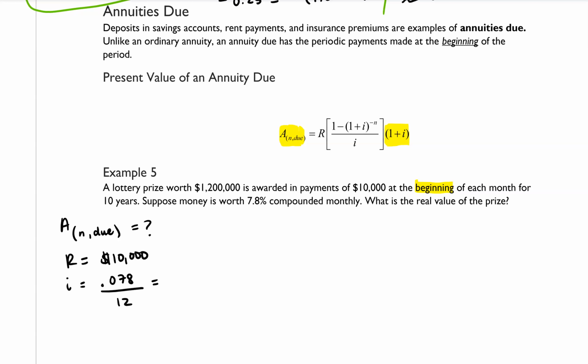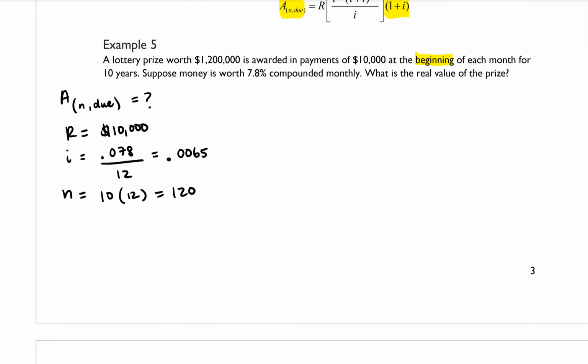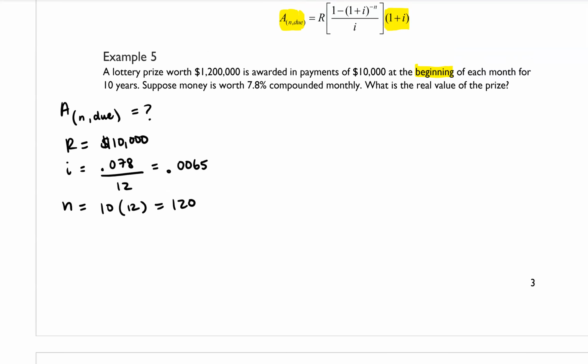So if we divide that, we would get 0.0065, and then the number of time periods, well, we are compounding monthly, and we are doing that for 10 years, so n would equal 120. So let's go ahead and plug in these values.